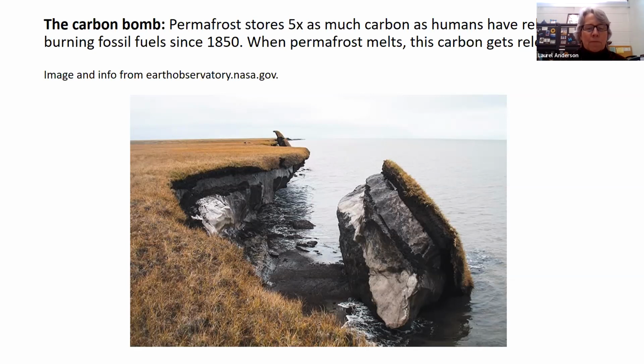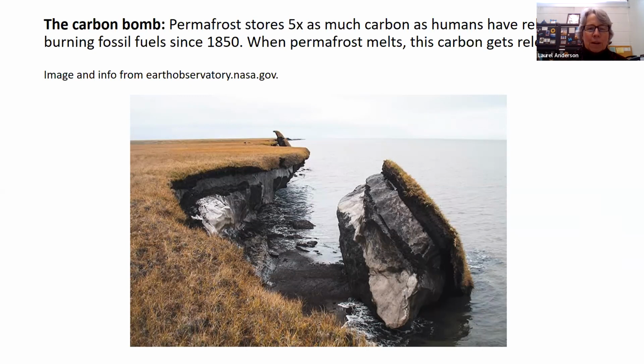And then all of that frozen material is able to thaw and start decomposing and release additional carbon into the atmosphere. We estimate that permafrost stores 5 times as much carbon as humans have released by burning fossil fuels since 1850. And we're concerned about that being released as we melt the permafrost.